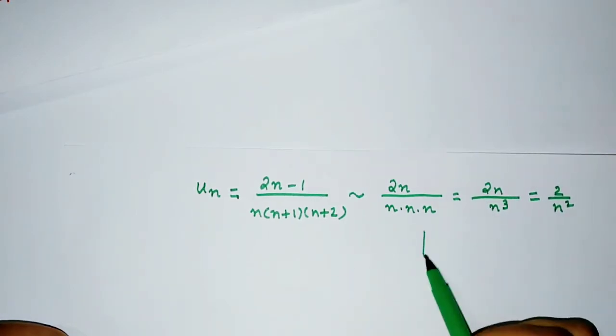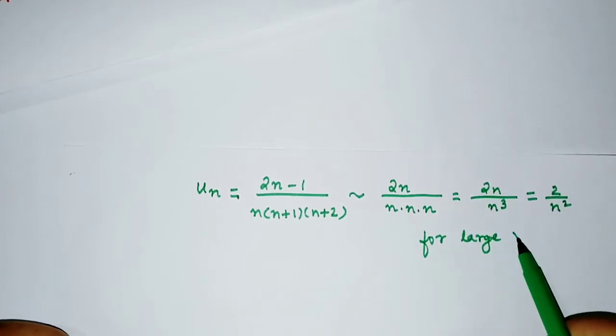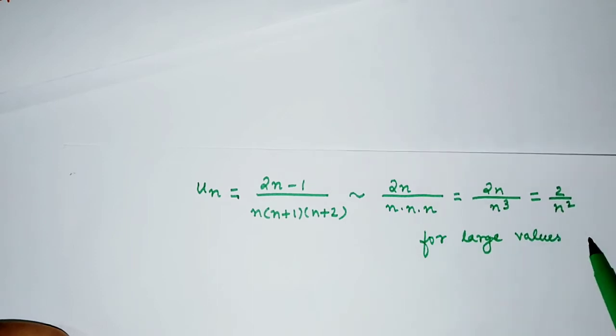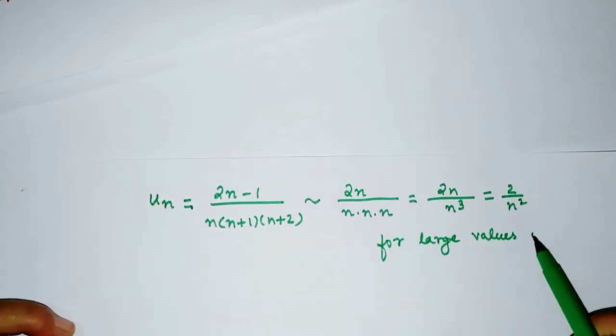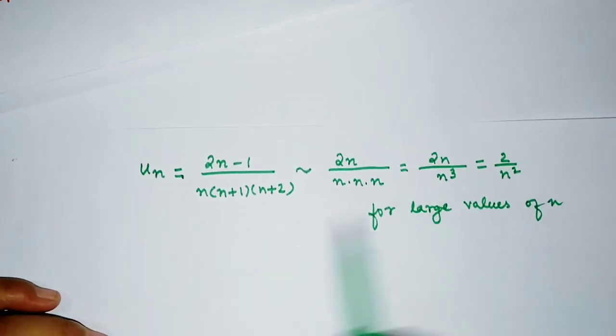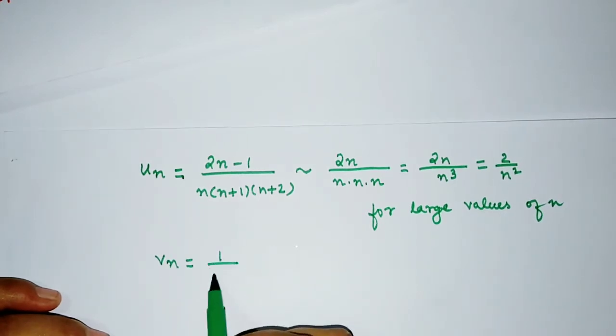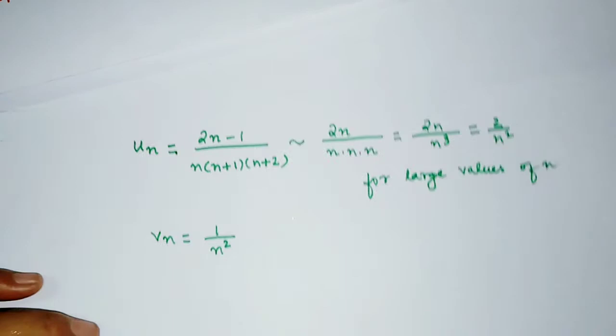This is for large values of n. So from this un we can find Vn, or Vn is 1 upon n square.